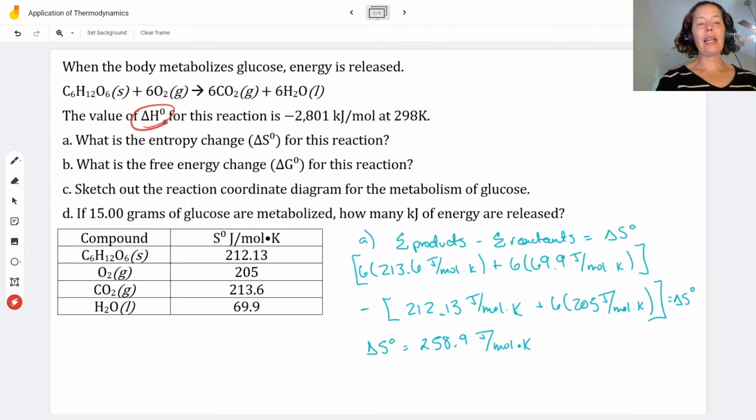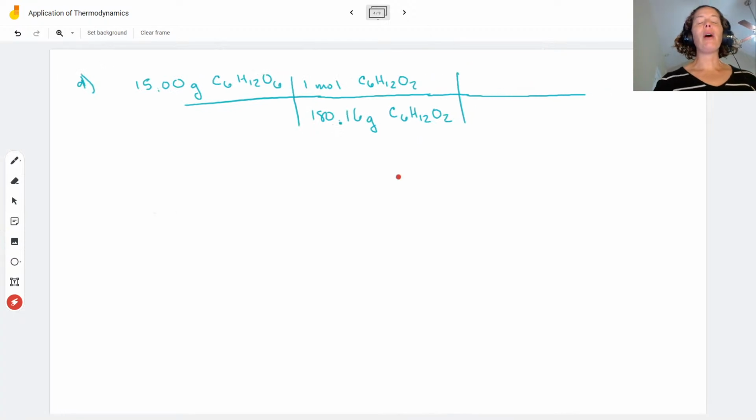So when we look at enthalpy, kilojoules per mole, this is really your moles of reaction. And we'll have another problem where we won't necessarily have a 1-to-1 ratio. So my next conversion is to go from 1 mole of glucose specifically to 1 mole of my reaction.